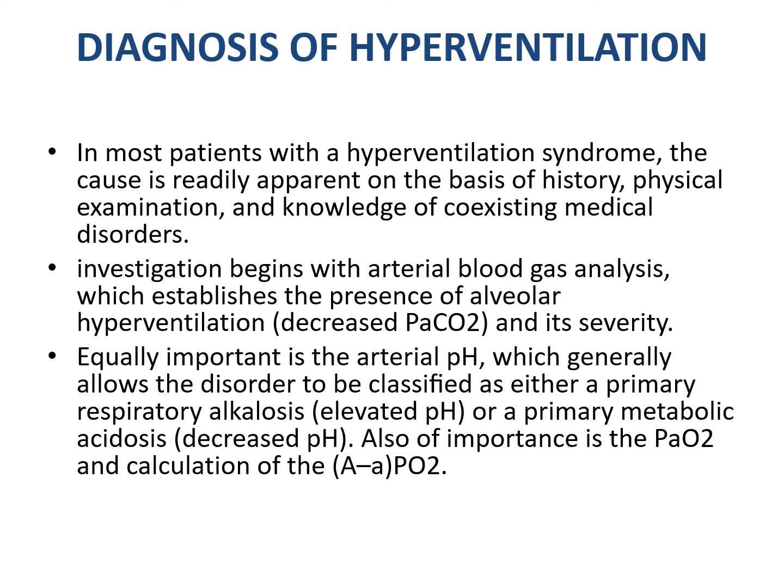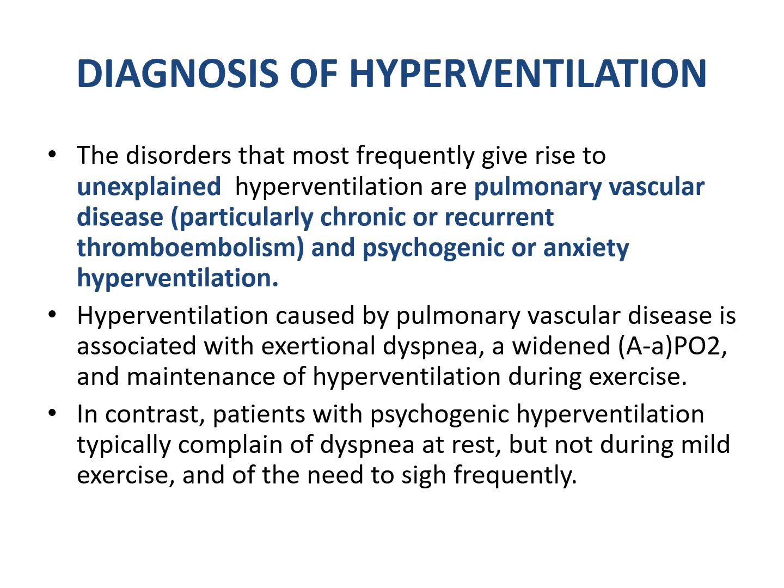Also of importance is the partial pressure of O2 and calculation of the A-a gradient, PO2. The disorders that most frequently give rise to unexplained hyperventilation are pulmonary vascular disease and psychogenic or anxiety hyperventilation.